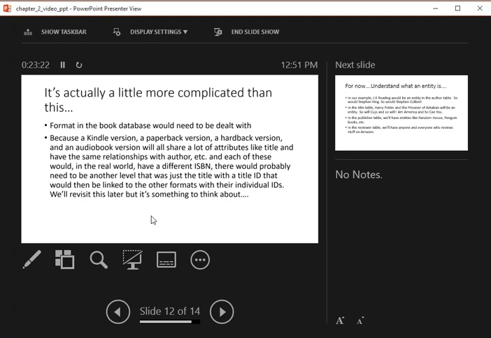So I told you in the beginning, it's a little bit more complicated than that. Because format is important in this database, we would actually have to revise everything that we just did.